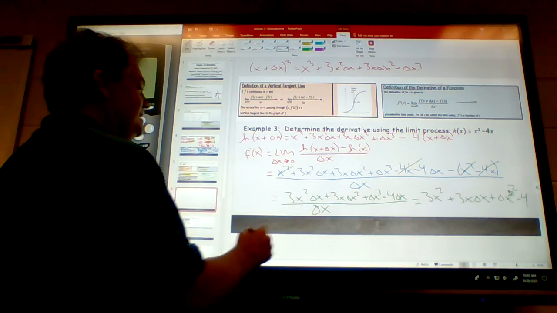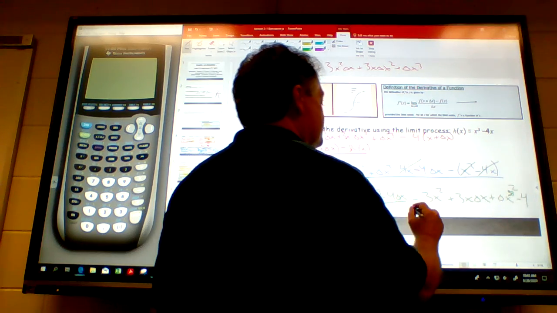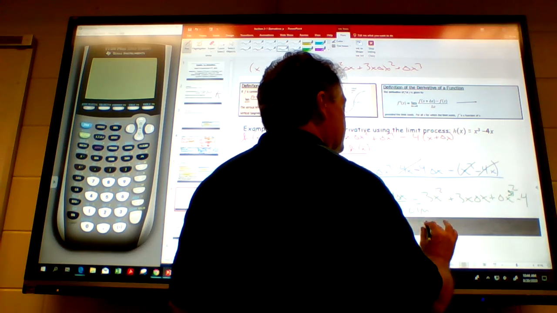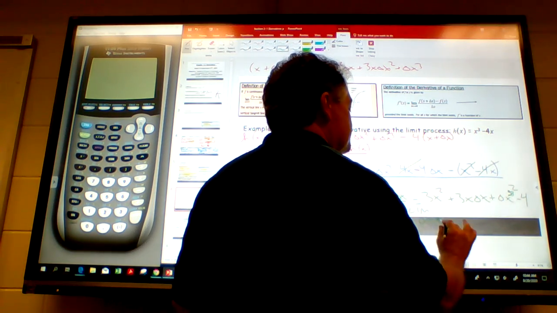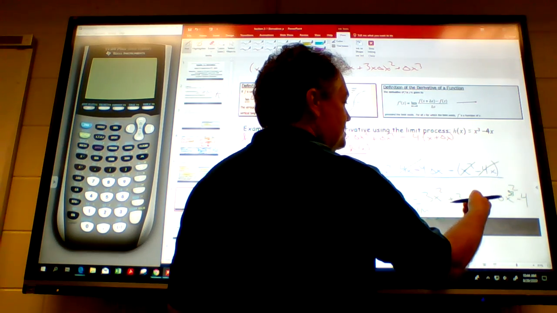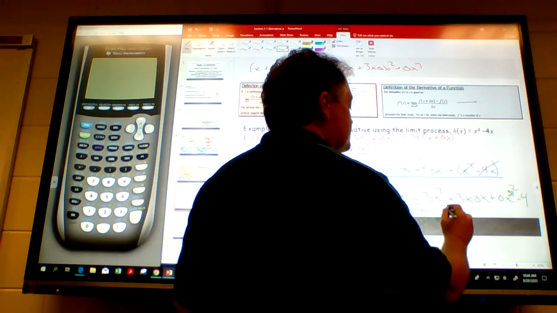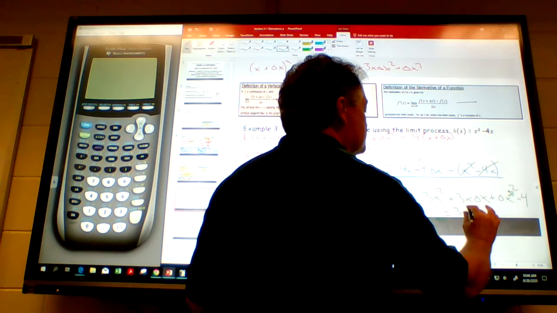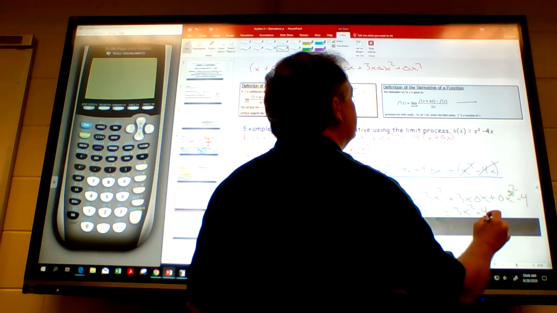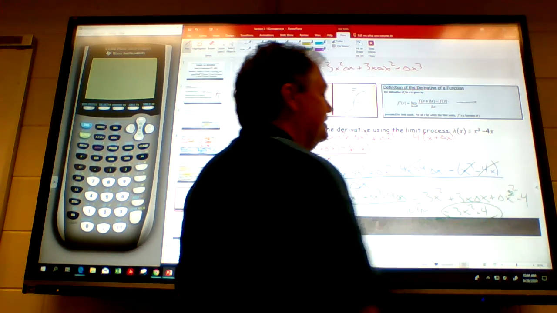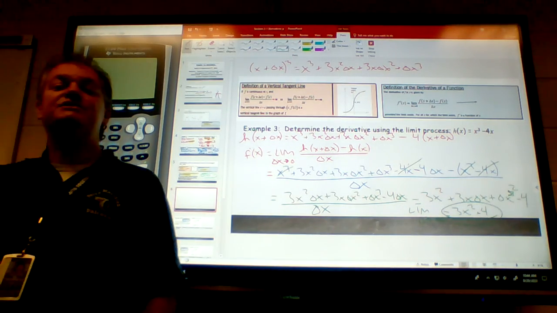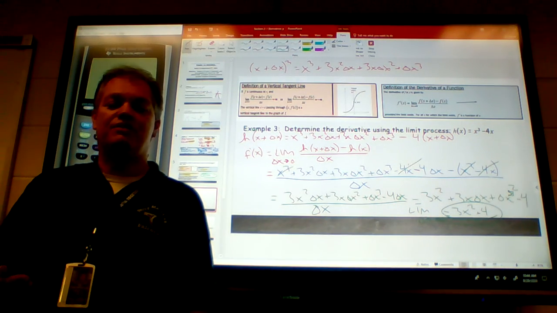Okay, so now if we take the limit of this as delta x approaches 0, that's going to be out, and that's going to be out. So I'm going to be left with 3x squared minus 4. There you go, 3x squared minus 4. That's a long process, but that is the limit process.